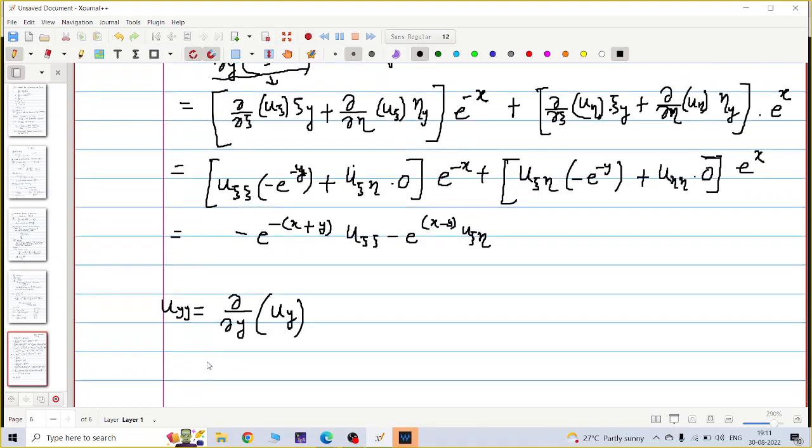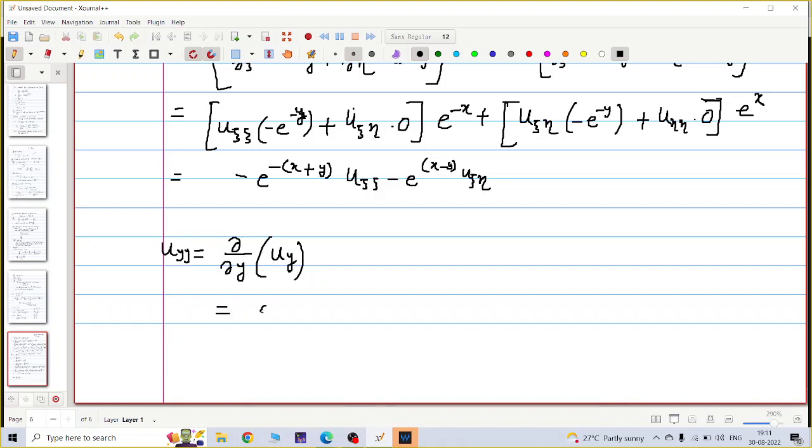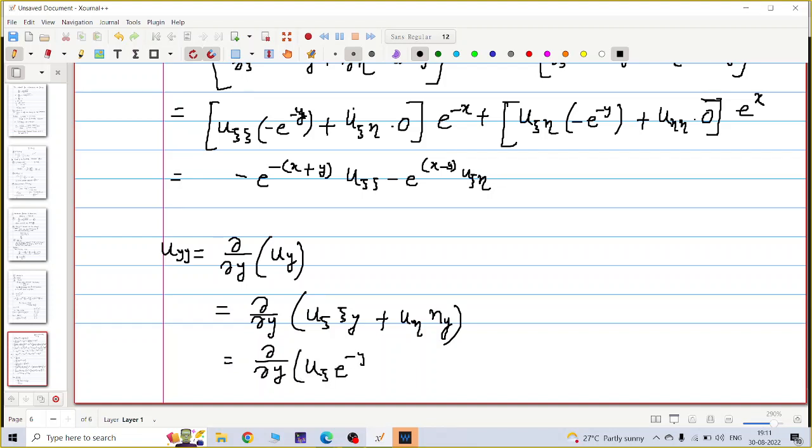Del y of uy means again I have to do del y of u xi xi y plus u eta eta y. Now my eta y is 0 because eta is given as e power x. So I will just write u xi into minus e power minus y plus u eta into 0.